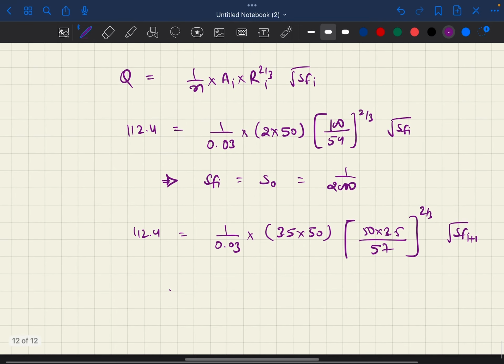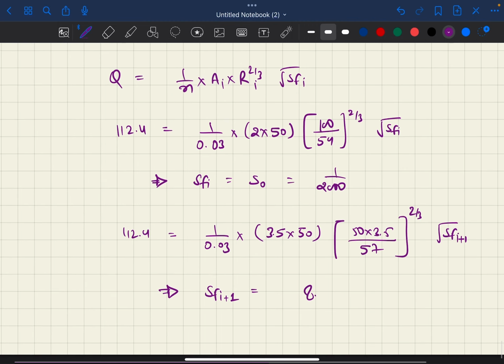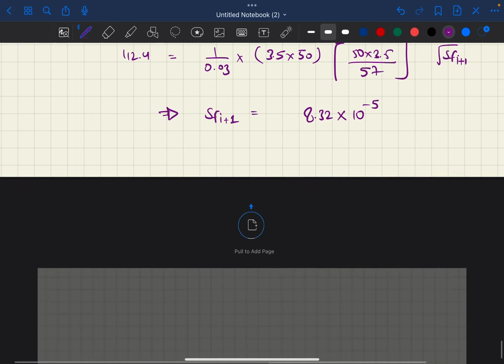Okay, so it implies that Sf i plus 1 is going to come around, let's calculate, 50 into 3.5 divided by 57 raised to power 2 by 3 into 3.5 into 50 divided by 0.03 minus 1 into 112.4 whole square. So it's coming around 8.32 into 10 raised to power minus 5.